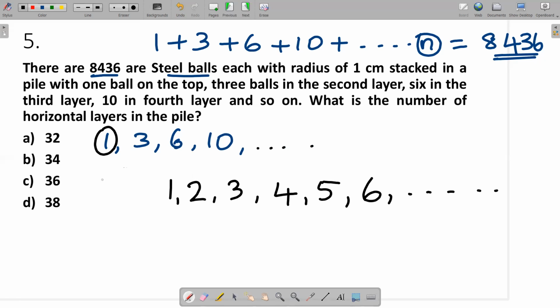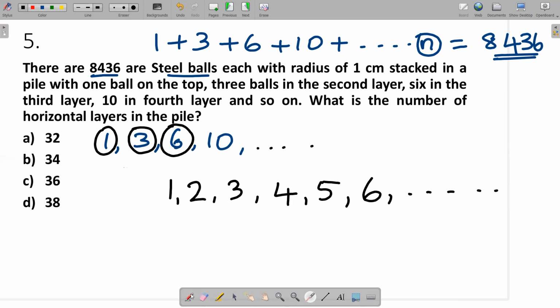This 3 is the sum of the first two natural numbers: 1 plus 2 is equal to 3. The 6 that you see here is nothing but the sum of the first three natural numbers, 1 plus 2 plus 3.